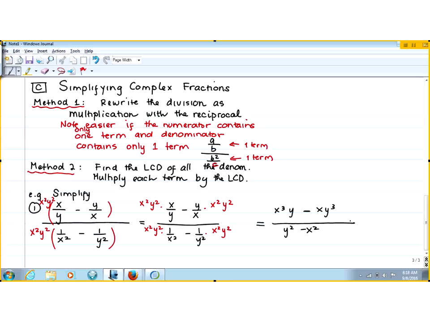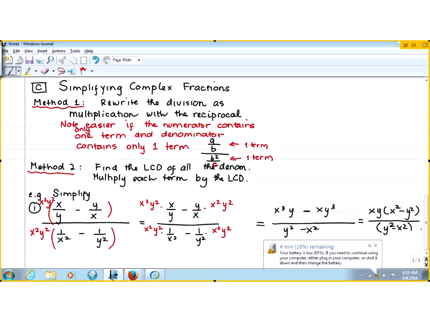Okay. So I think we could still factor this. Can't we? So how do we factor this? Then you say, oh, this is x squared minus y squared, and this is y squared minus x squared.